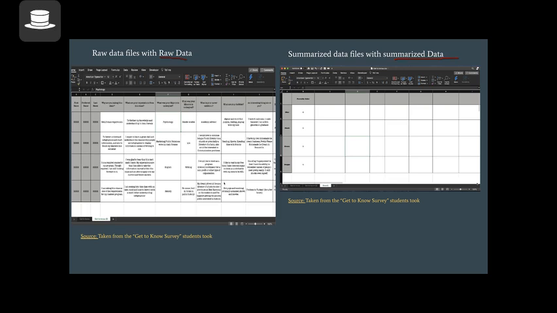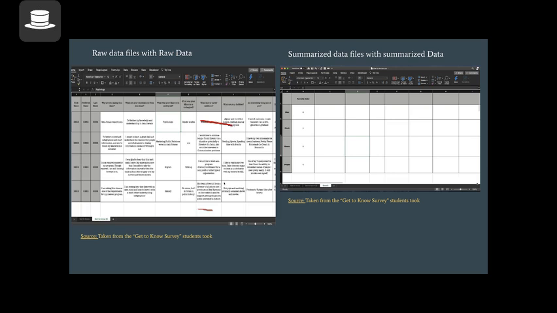Now, let's look at the getting to know you survey that you already took before the beginning of the semester. If you remember, you were asked several questions in this particular survey, right?